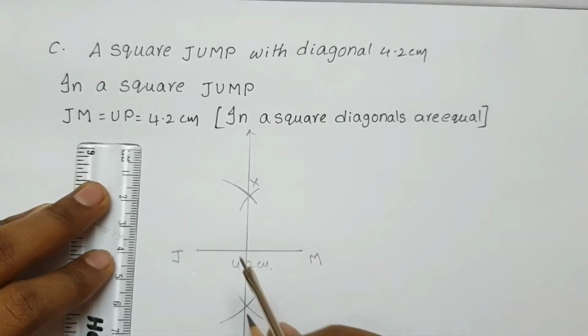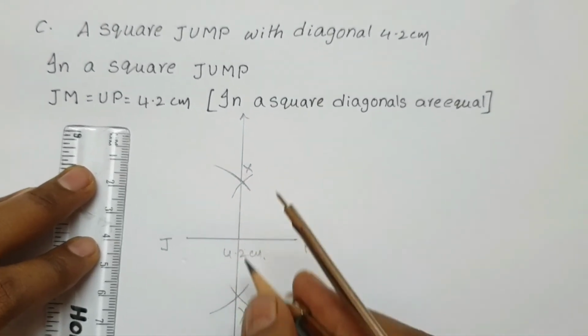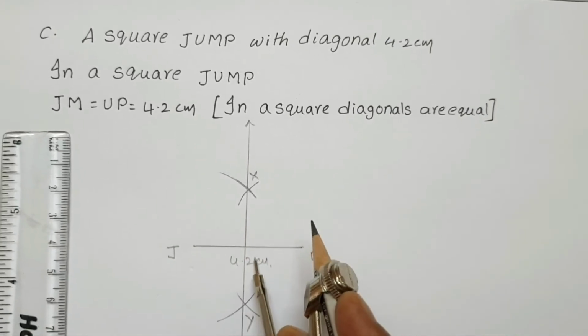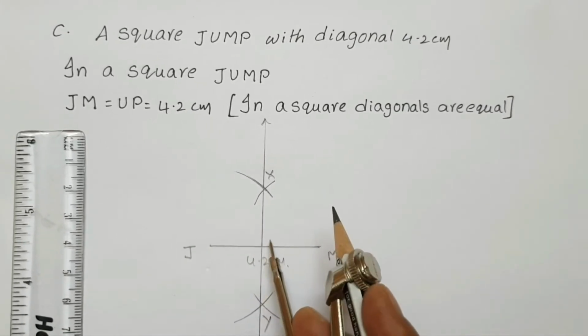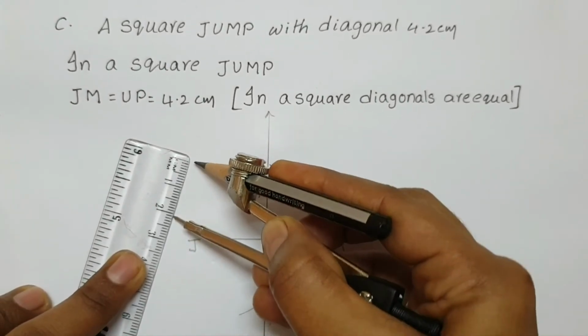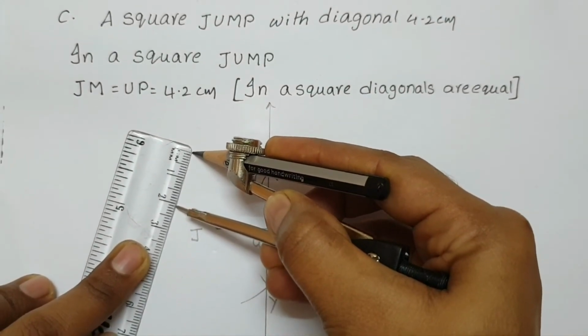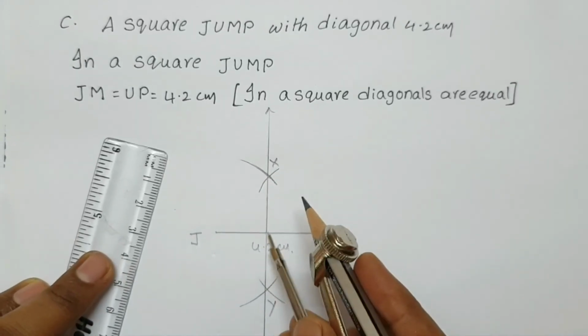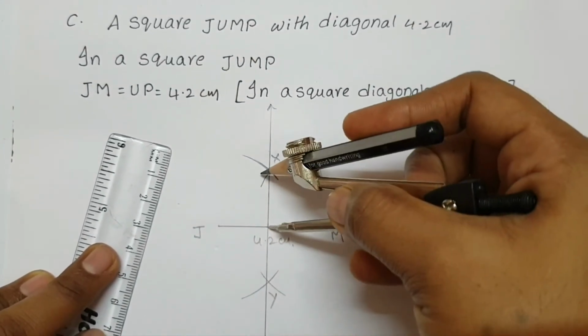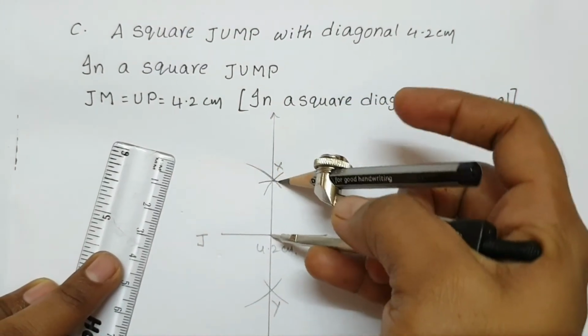This point is X, this is Y. Join XY. Here 4.2, half of the measure is 2.1. Take 2.1 centimeters. With O as the intersecting point, from O draw 2.1 arcs above and below.